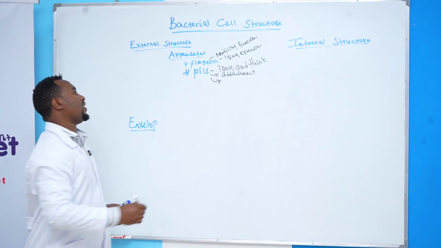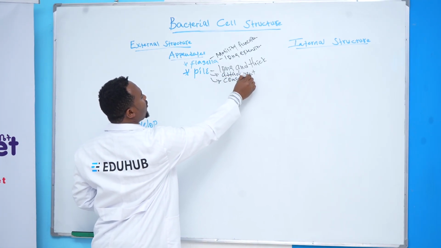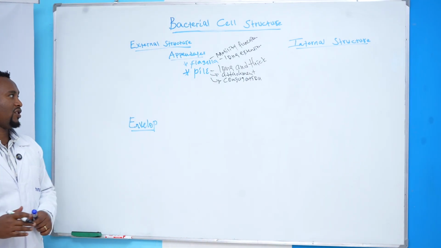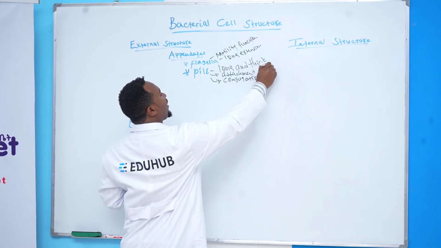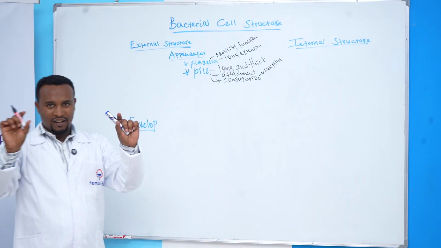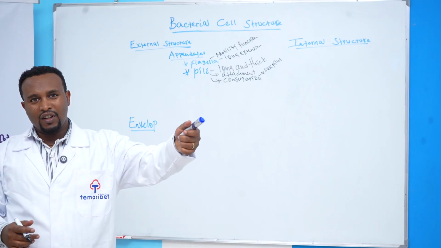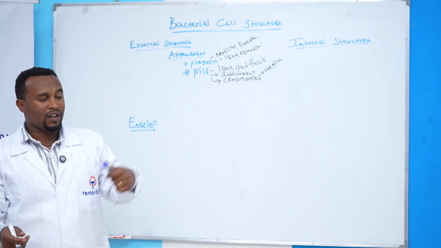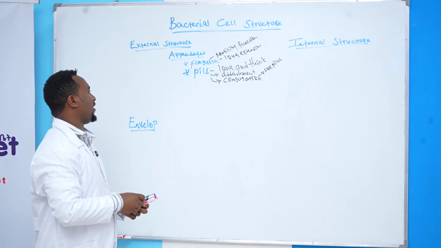There is a conjugation mode that bacteria use for exchanging genetic materials. In conjugation, they produce sex pili, a channel that allows the transfer of genetic material from the donor to the receiver. So the pili is one of these appendages.